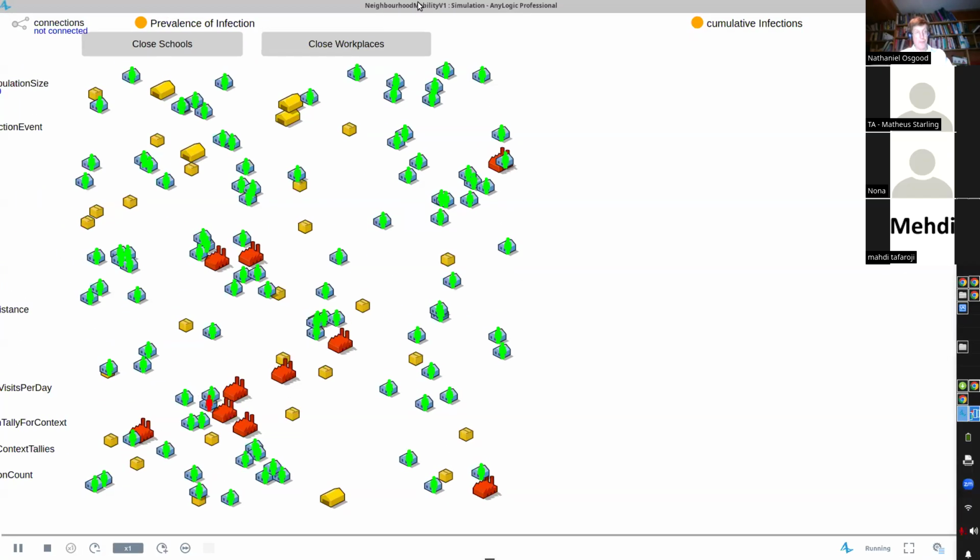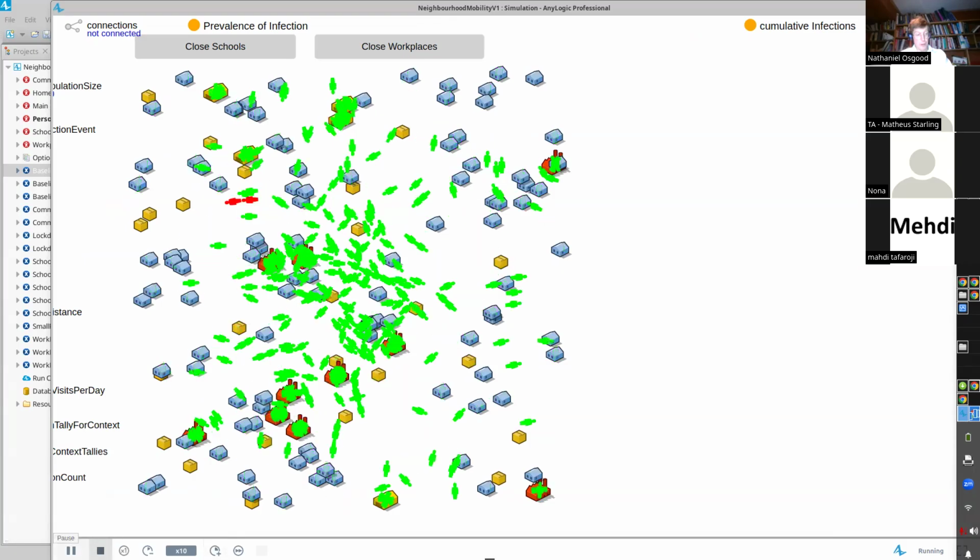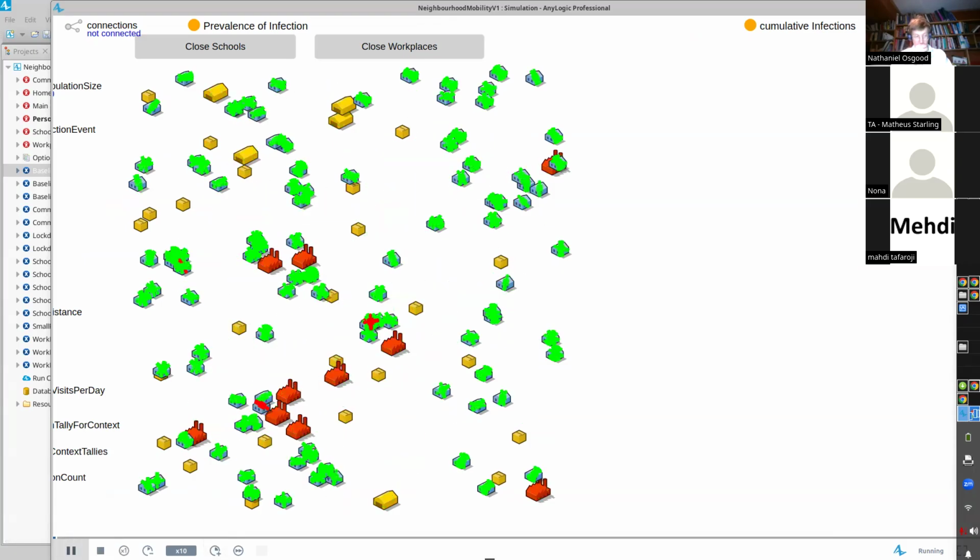And in fact, if we go over here, I'm deliberately going and running this model so you can explore the interface.